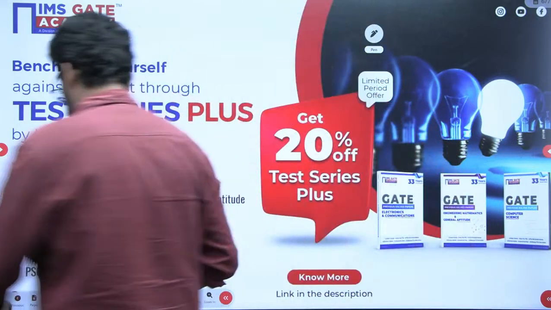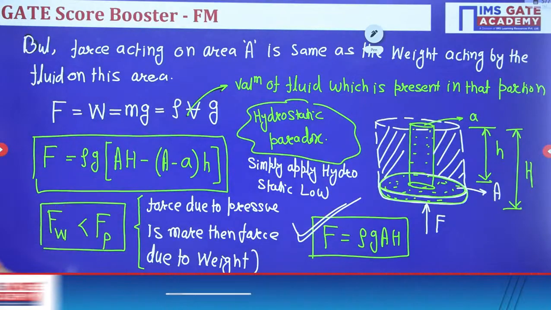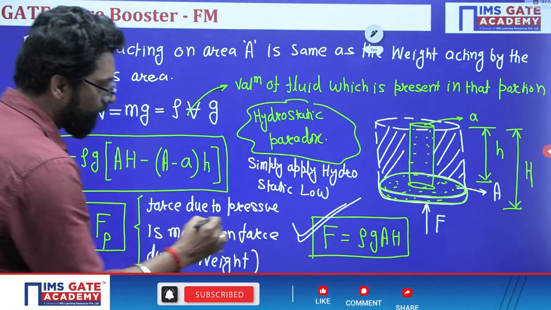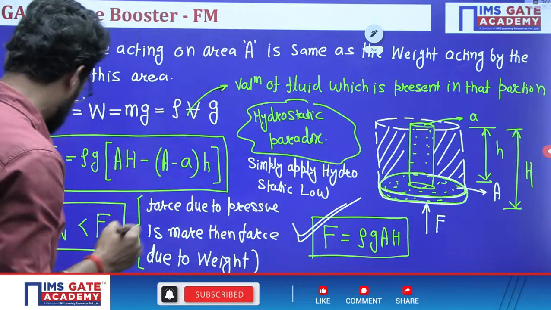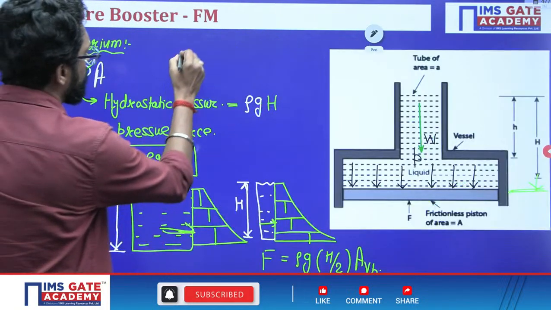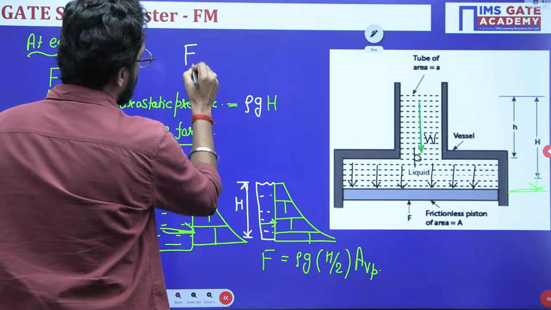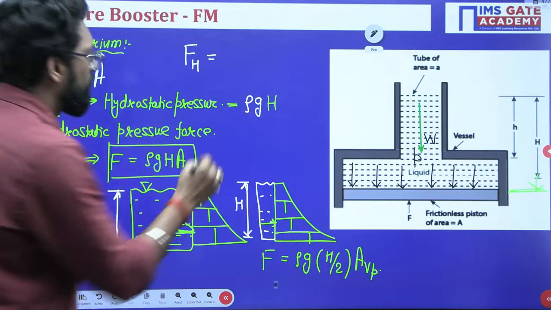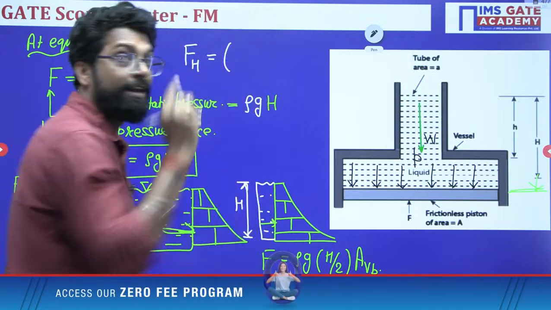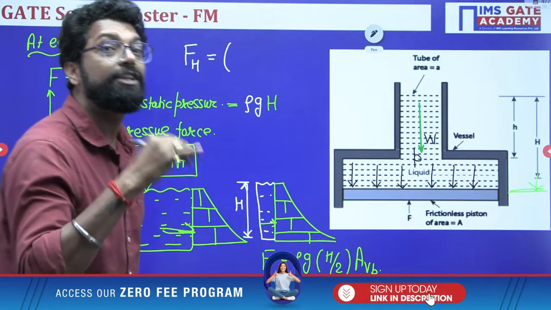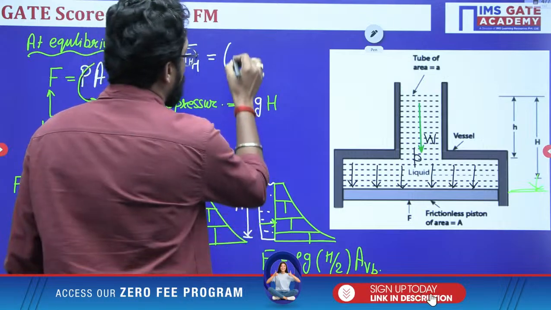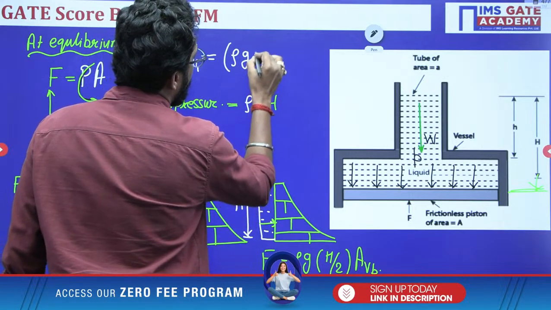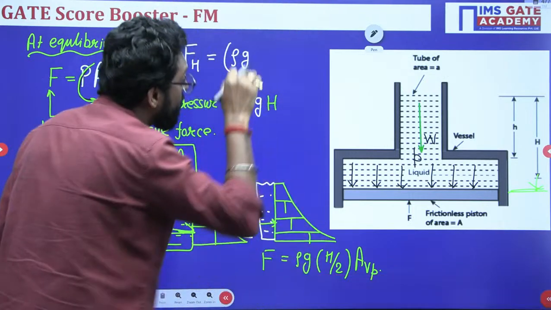Why h by 2? Yes, Surya. Because if you calculate the hydrostatic force F, that hydrostatic force is your centroidal pressure into the area. Where is the centroidal pressure? Pressure is rho g h, but the centroidal pressure is rho g, not total h, the pressure at the center.